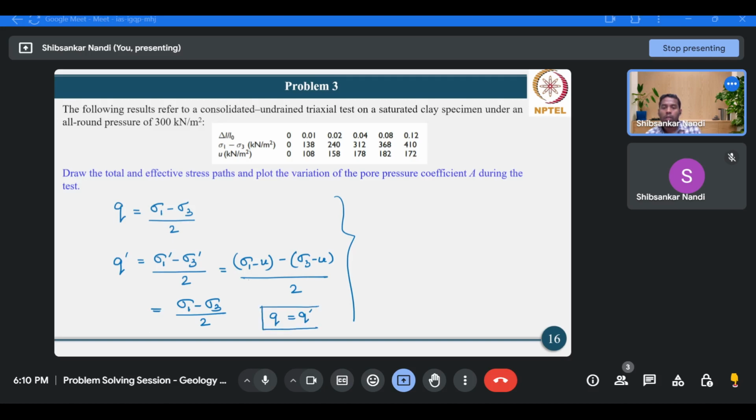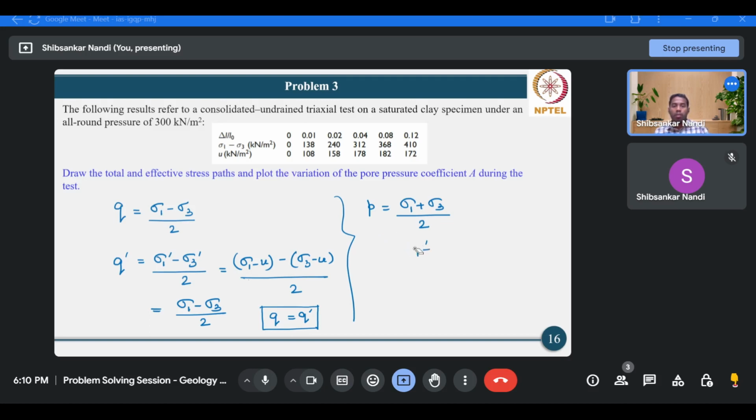Now coming to P, this is (sigma 1 plus sigma 3) by 2. This is nothing but the coordinate of the top of the Mohr circle, so this is the abscissa and this is the origin. So P prime would be (sigma 1 prime plus sigma 3 prime) by 2.